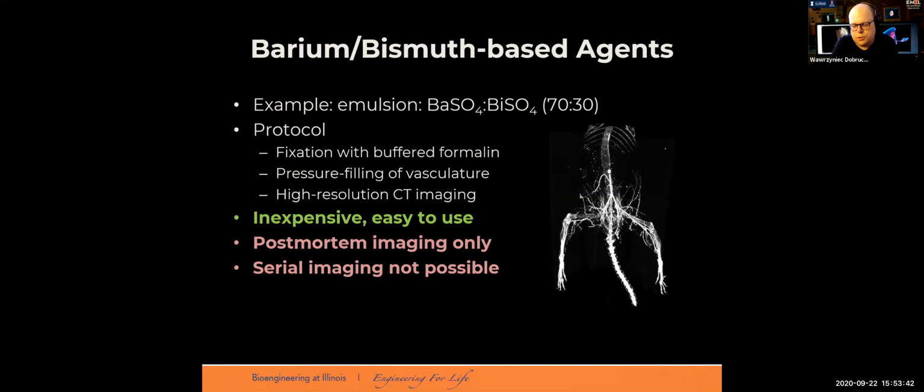Unfortunately it's not possible because it's a postmortem technique. So all of those techniques have their own advantages and disadvantages. It really depends on the application or the study that you plan to execute, so the choice of the contrast agent is based on this kind of rationale.